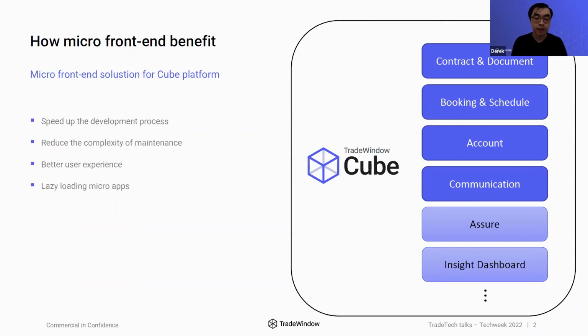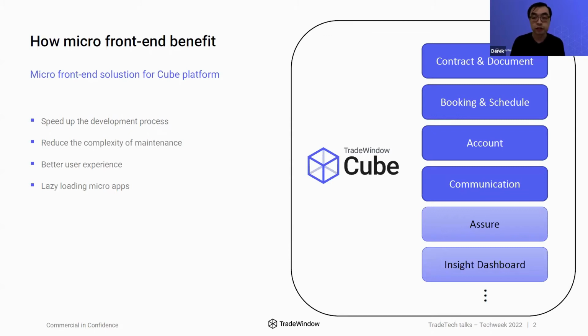Another good benefit is that it reduces the complexity of maintenance. As each micro app is standalone, they do not depend on each other. So when we need to update part of our application, we just need to update one of the micro apps, and the others remain the same. This helps reduce the time to update our applications.